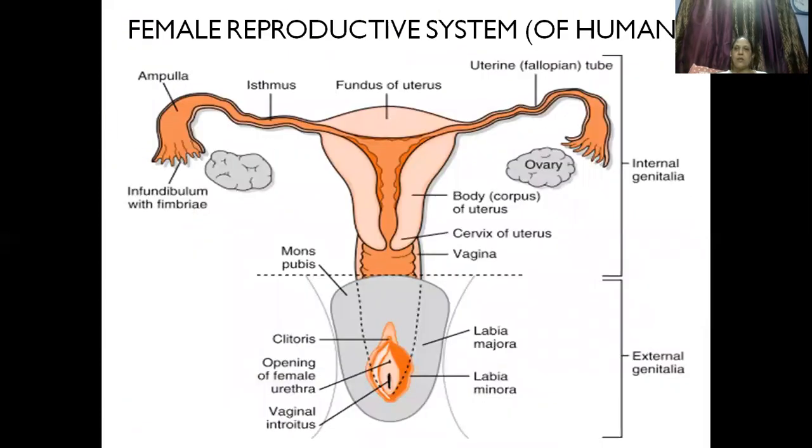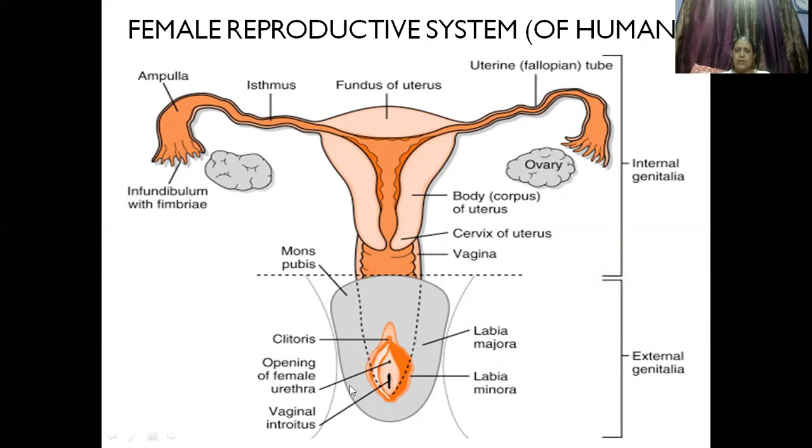Now this was the entire structure of the internal genitalia, and the external genitalia, basically the vagina or the vulva, and the clitoris, labia majora and labia minora.